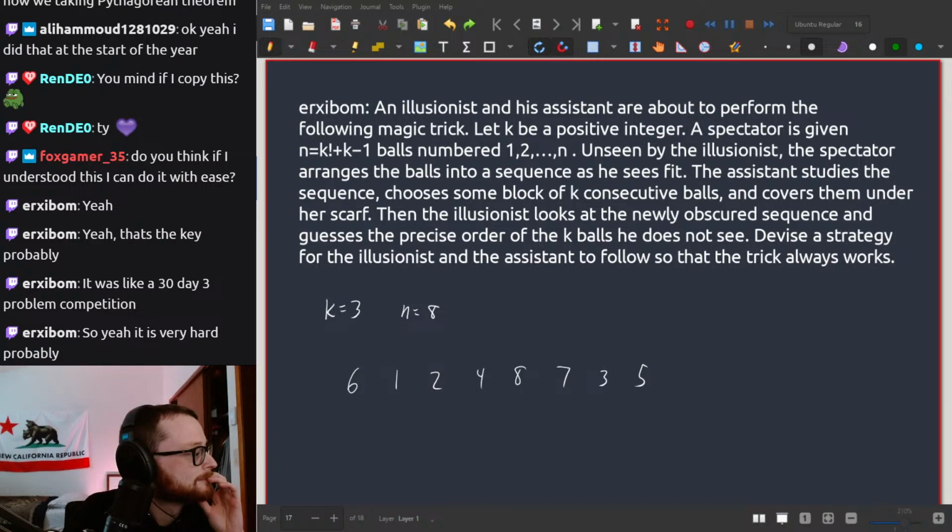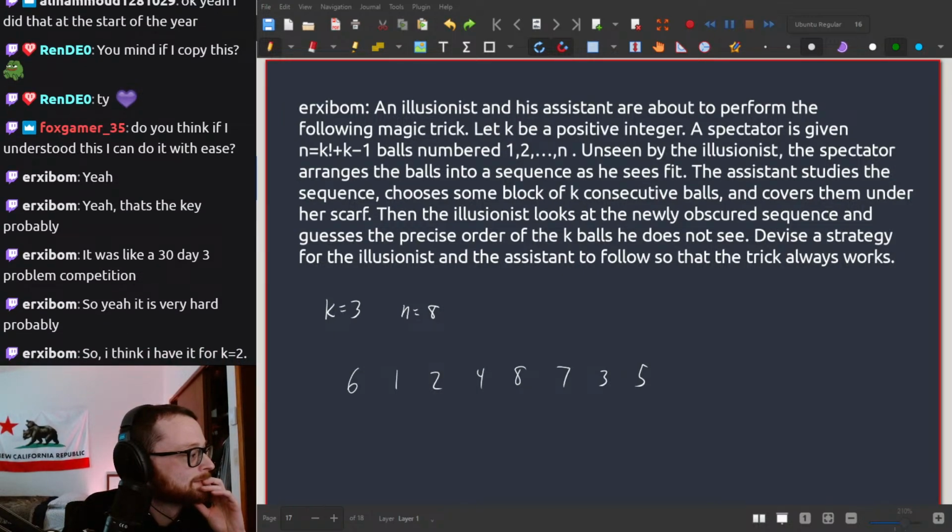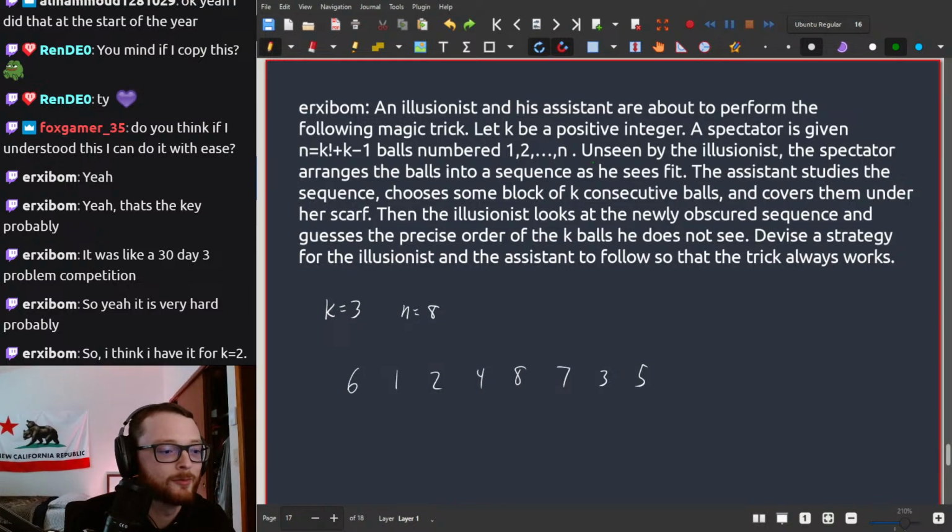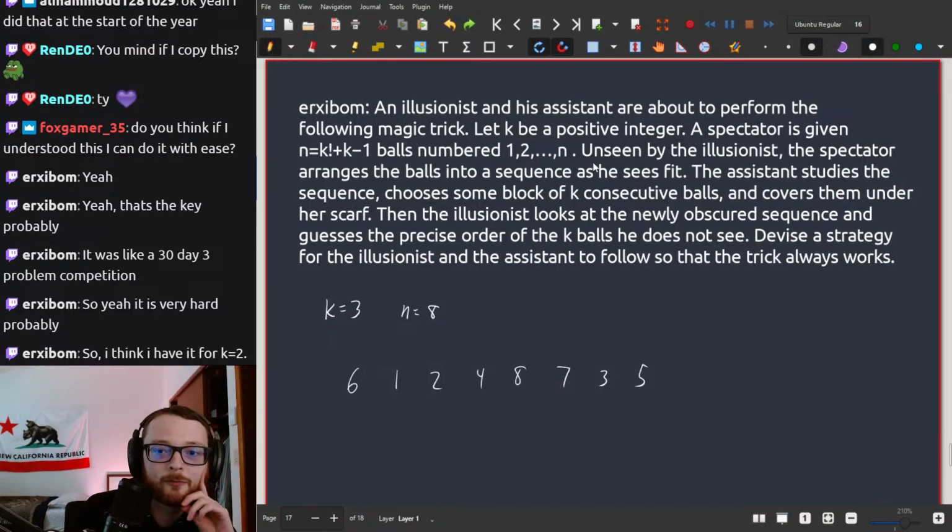I think if k equals 2, maybe I started off too big here.